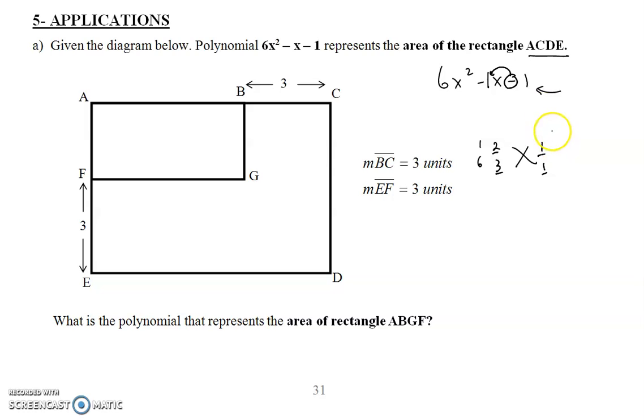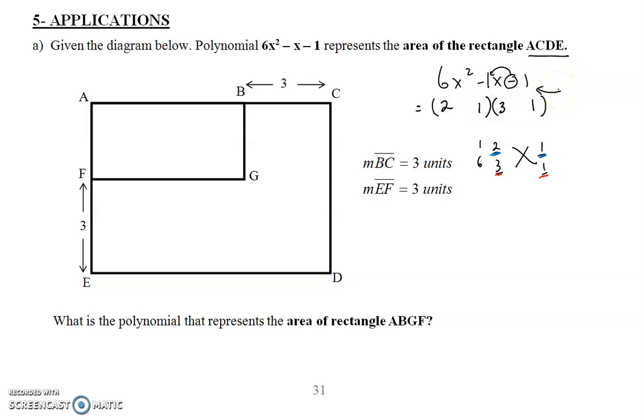So in other words, my first row is going to be the 2, 1, and the second row is going to be the 3, 1, second bracket. So I take this, set it up, and I'm going to have 2 and 1 and 3 and 1.